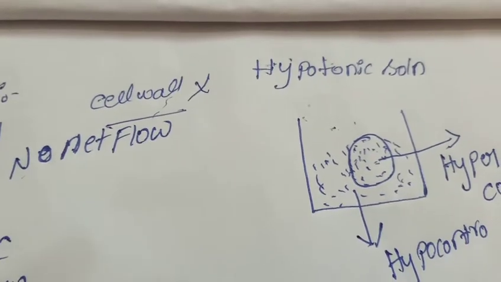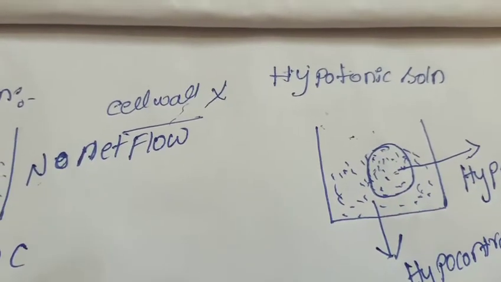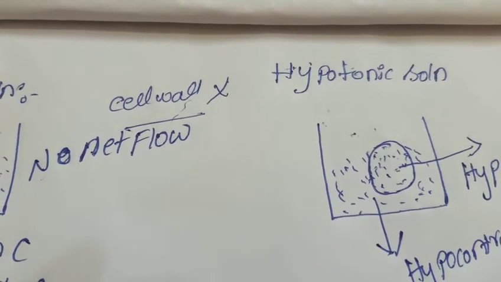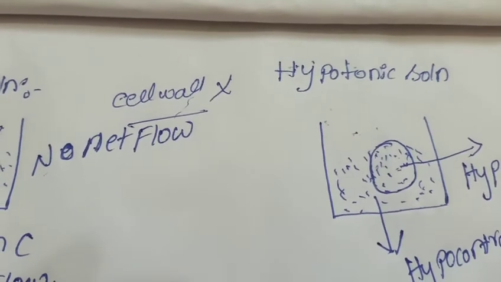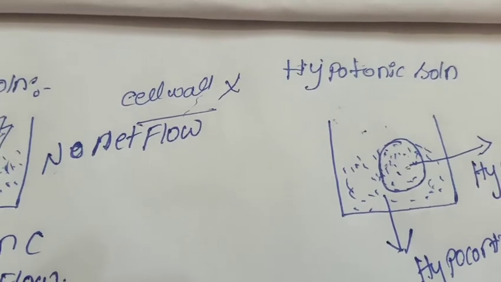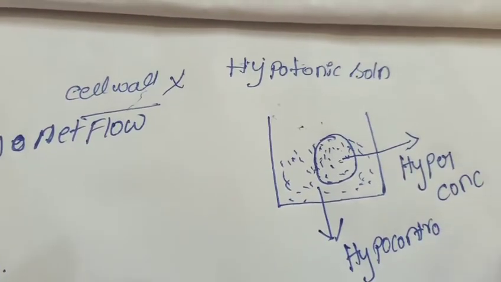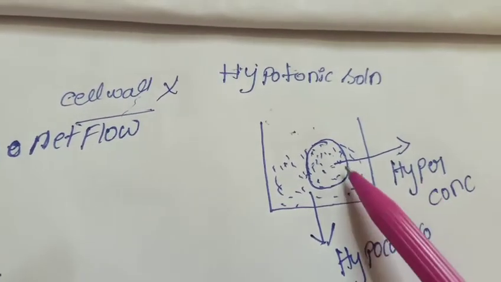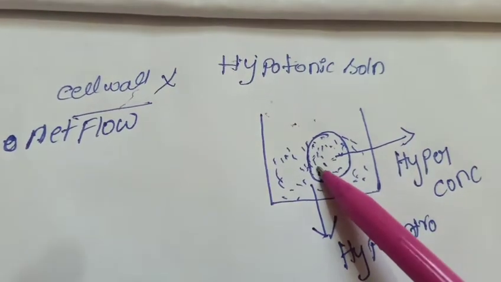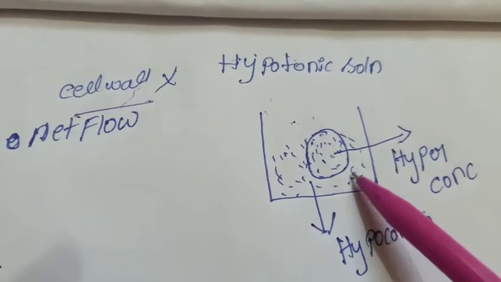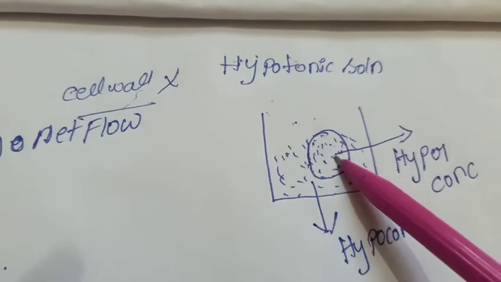We know that osmosis is the movement of solution particles from higher concentration to lower concentration through the semi-permeable membrane. According to osmosis, the molecules must move from higher to lower.